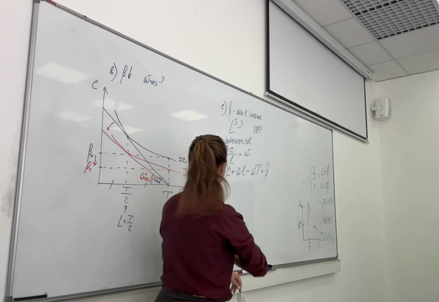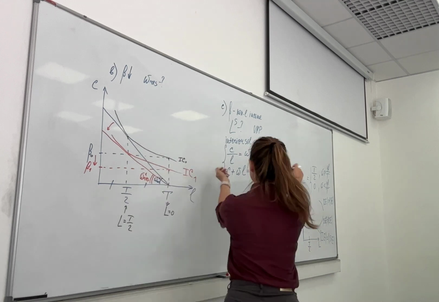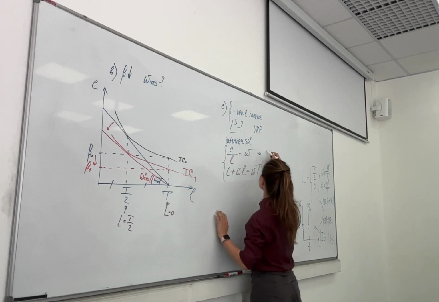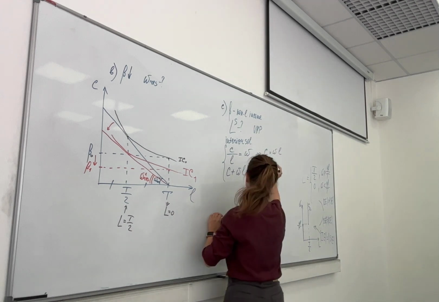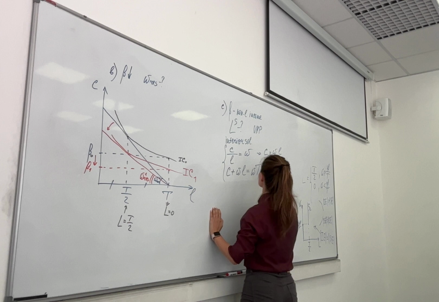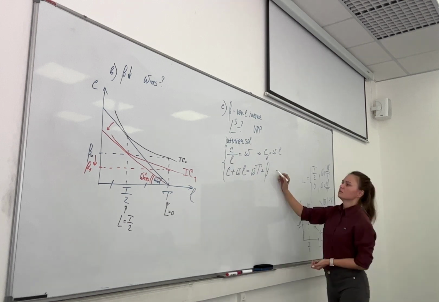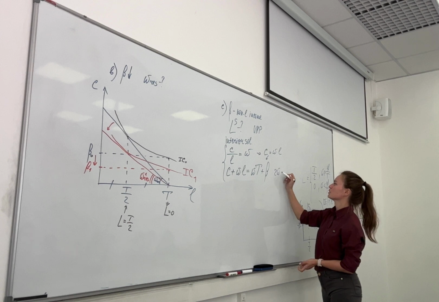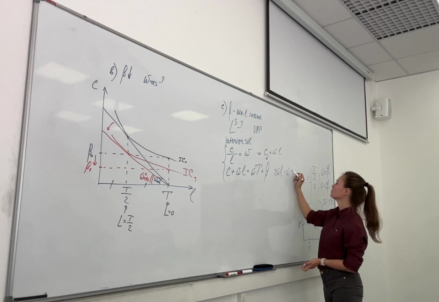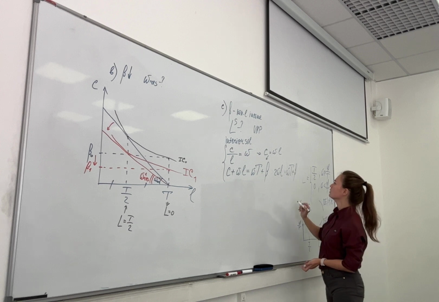And we should solve it. Let's do it. From here I will say that consumption equals wage multiplied by leisure, put it into the budget constraint. Here will be 2 wage multiplied by leisure equals wage times time plus beta.